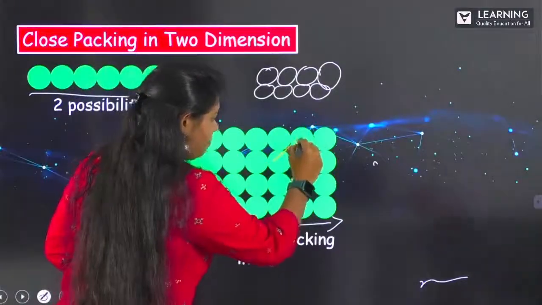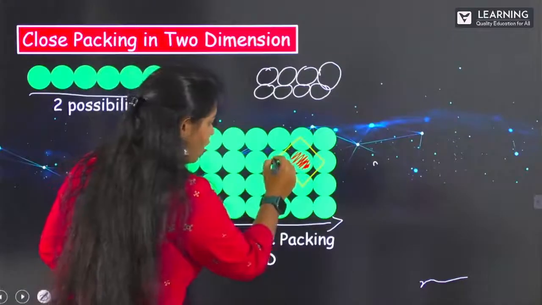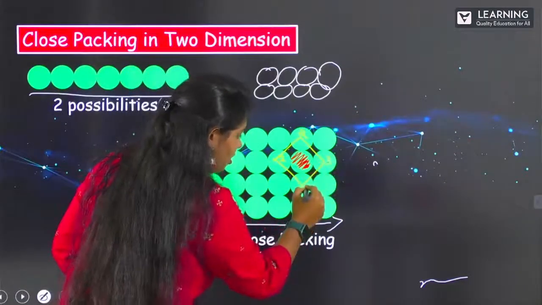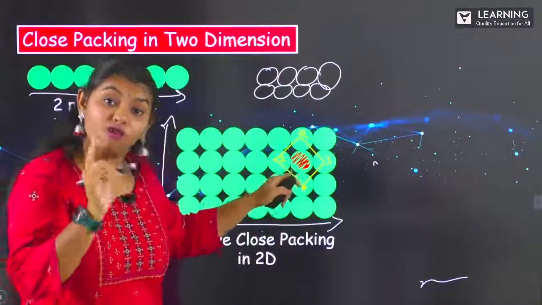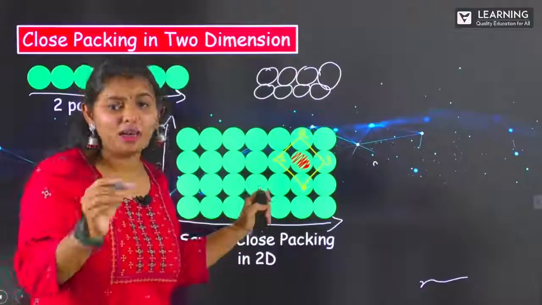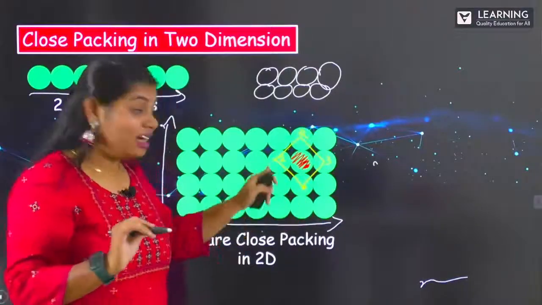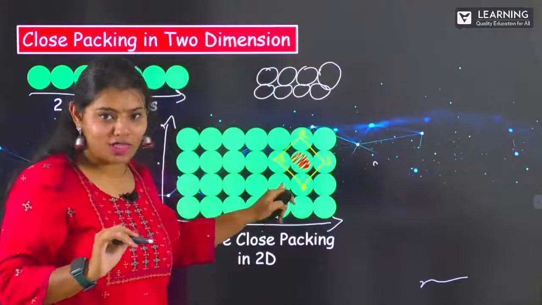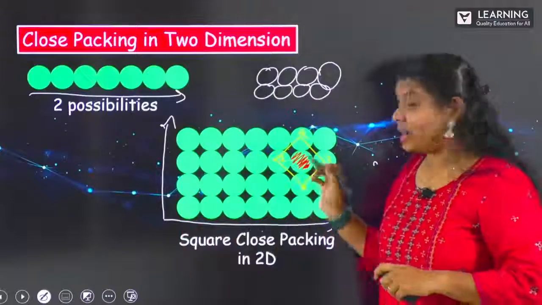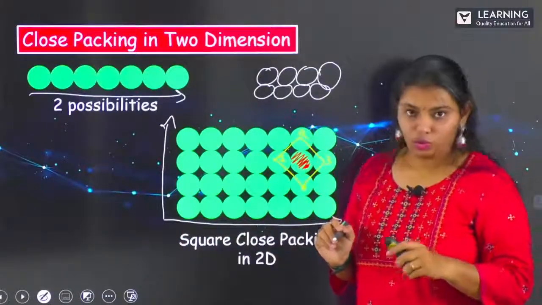You can see there's 1, 2, 3, 4. There are 4 particles surrounding this particle. If we take any particle for that matter, there will be 4 surrounding particles only. And what forms over here? It forms a square, right? The particles, the way they are arranged, form a square. That is the reason it is called square close packing in two dimension.